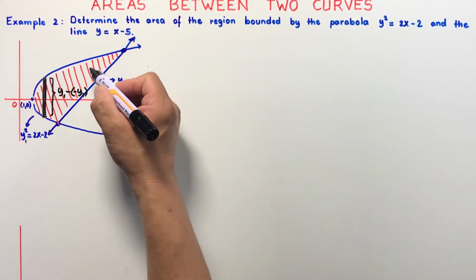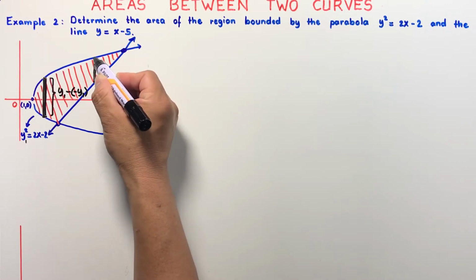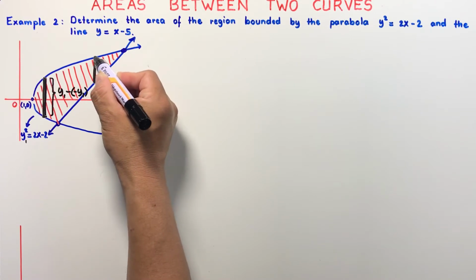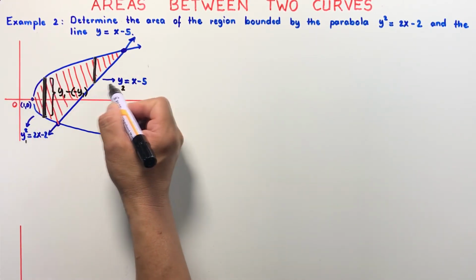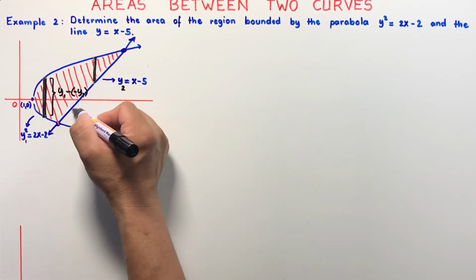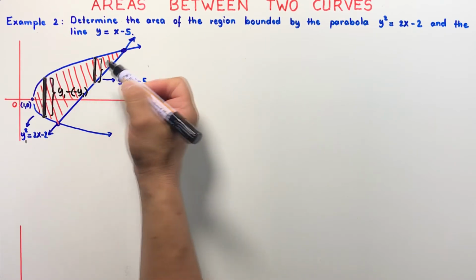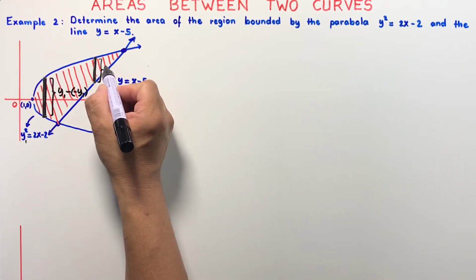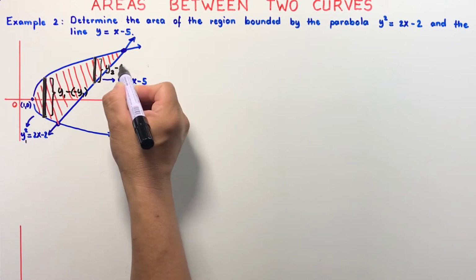However, if you happen to have a slice at this portion, it has a different set of boundaries because the upper boundary is in this curve, but the lower boundary is at this straight line. So therefore, to find the length of this slice, this is y sub 1 minus y sub 2.